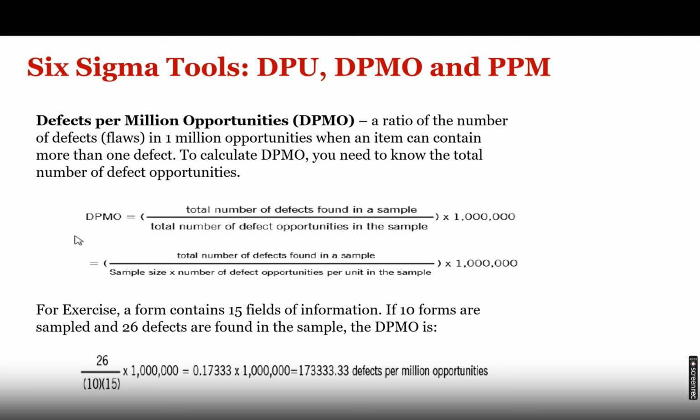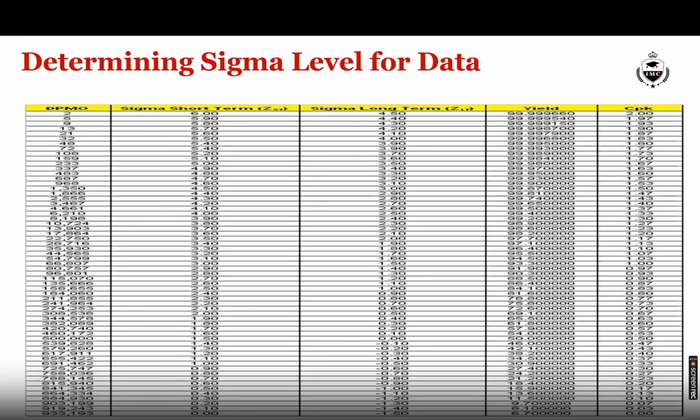Now, for this CPK value of 0.57 and for the DPMO value of 173,000, we have to go to the Z sigma value table to identify the ZST value, the second column from the left.